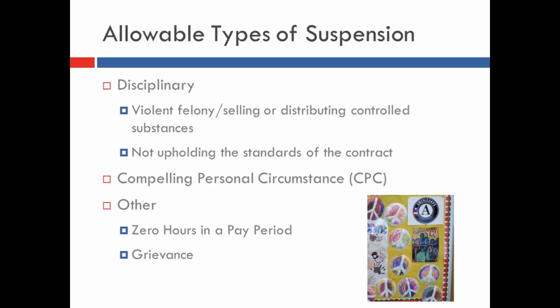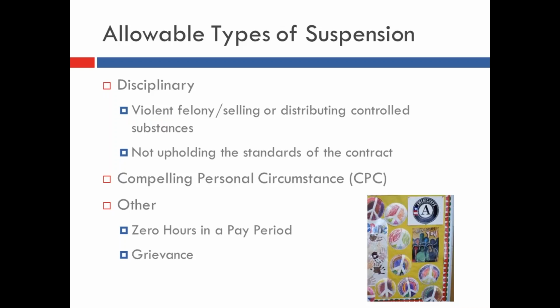On the other hand, if you have a member who's convicted of those criminal charges, as I described, they must be released from the program for cause as soon as those become formalized. Outside of those charges, members may also be suspended for not upholding the standards of the contract that you have outlined.